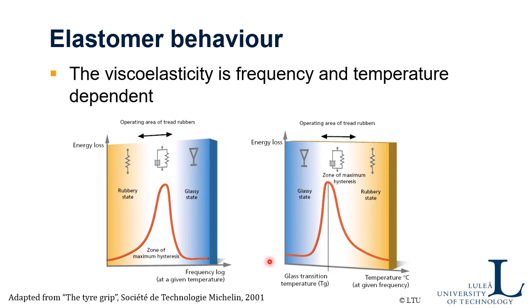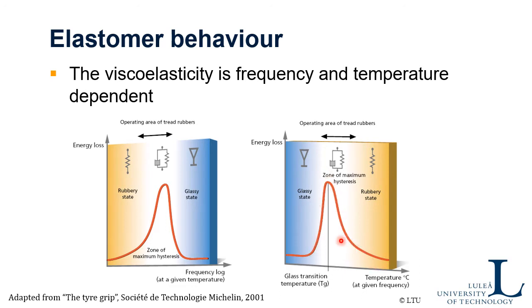So you get the same effect also depending on the temperature. At very low temperature, it behaves the same way as at high frequencies, while at high temperature, it behaves more like in this perfectly elastic rubbery state. And somewhere in between, you have the maximum hysteresis.